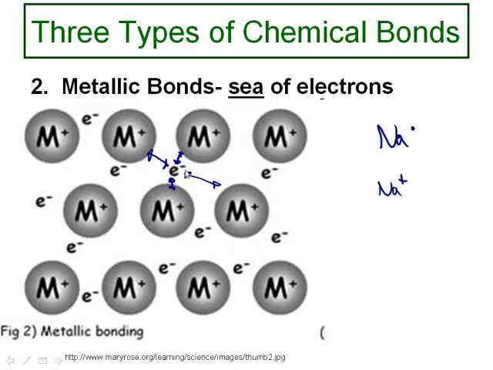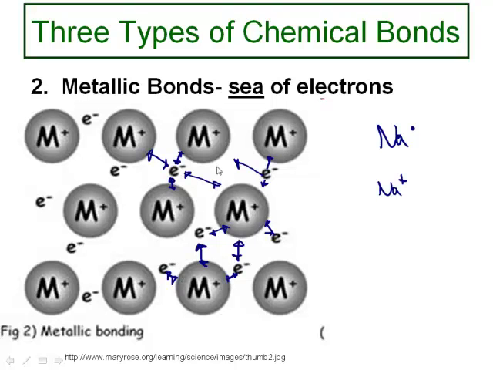So you can see that this electron is really shared, attracted to all these surrounding metal nuclei. The same thing happens with this electron here. It is attracted to that nucleus, and that nucleus, and that nucleus. And this metal nucleus is attracted to that electron, and that electron, and also this electron, and this electron, and this electron down here. This metal nucleus is attracted to that electron, and that electron, and that electron, and so on and so forth.